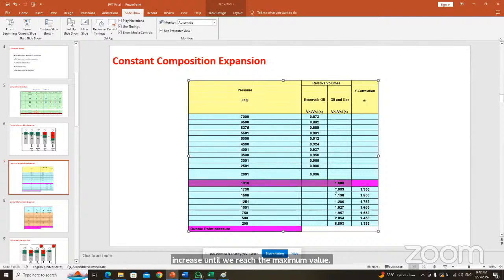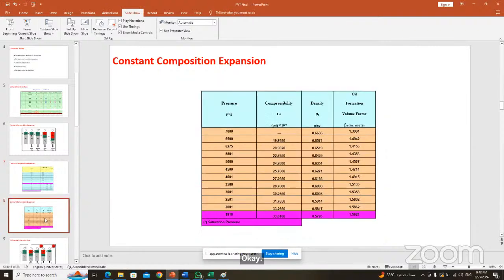Below the bubble point, we have both oil and gas volumes. Above the bubble point, this reflects the beta O value. Below the bubble point, this reflects the beta total value. Again, this table is calculated from the CCE.